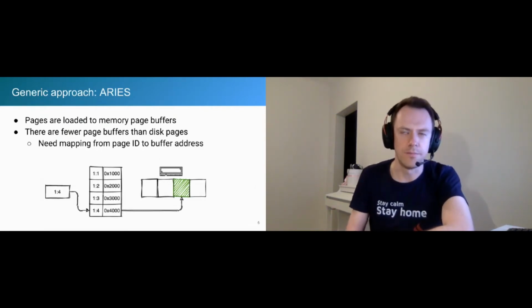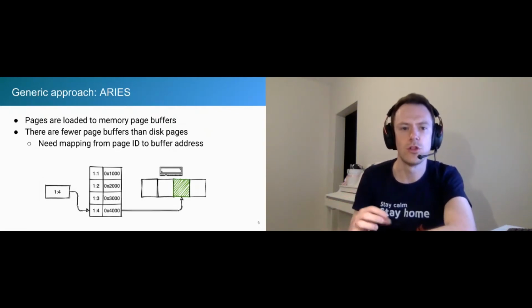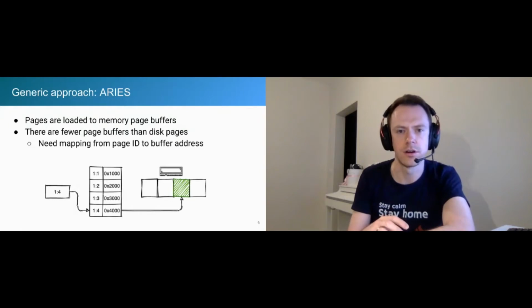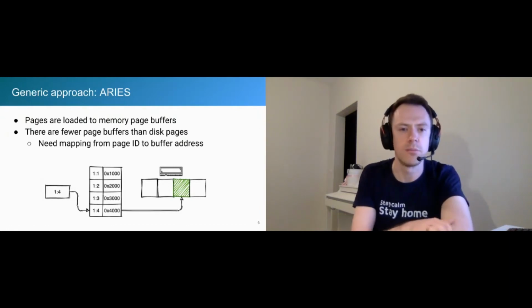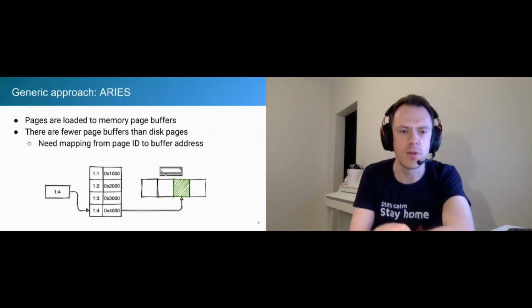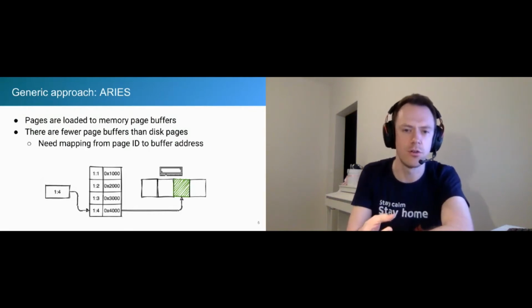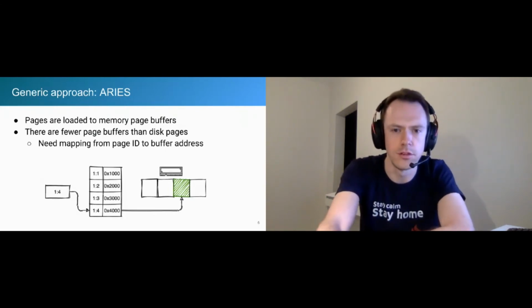This means that we need some sort of indirection to know which page buffer holds each particular page. And this mapping is implemented as a translation table, essentially a hash map, which maps a logical page ID to the address of the page buffer which holds this particular page at this moment.